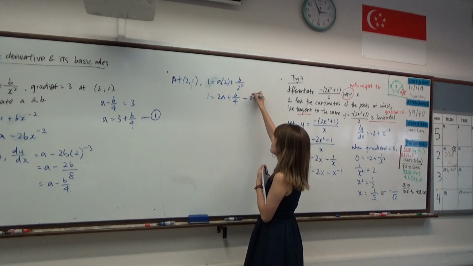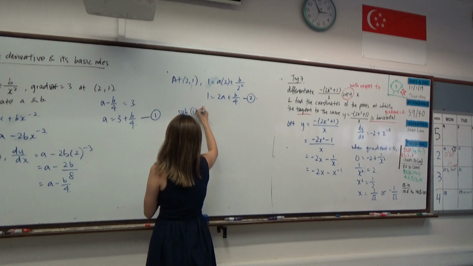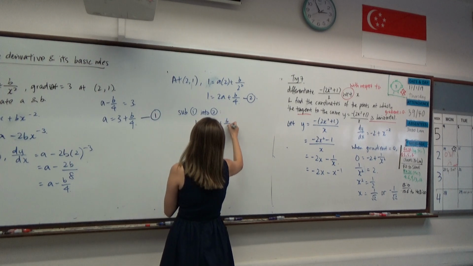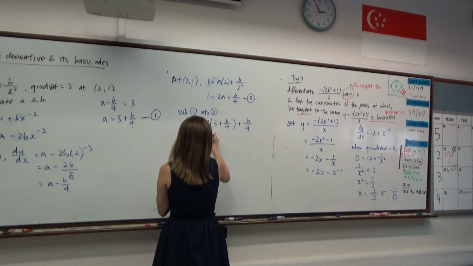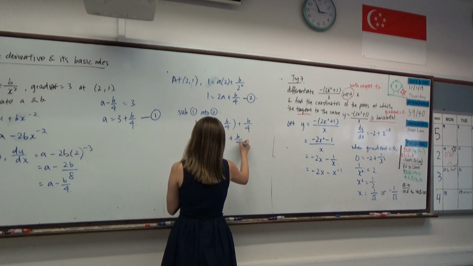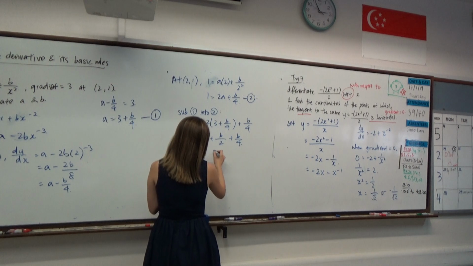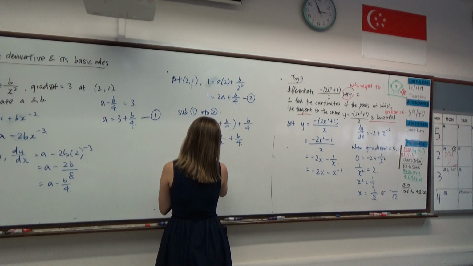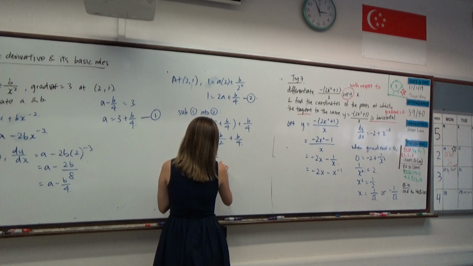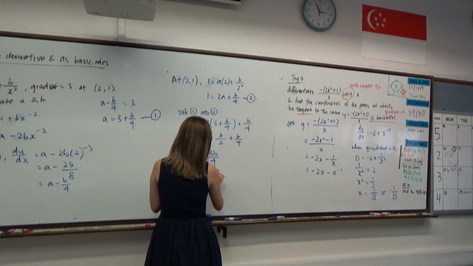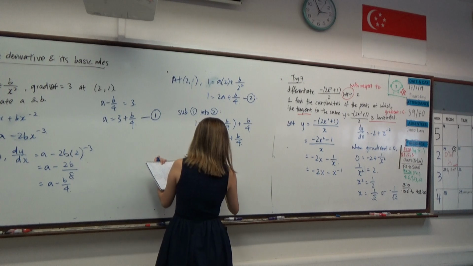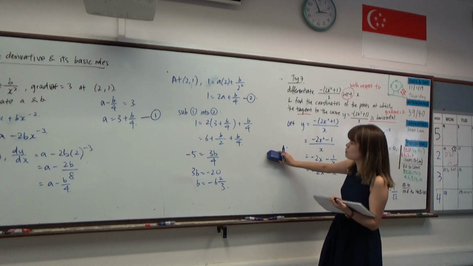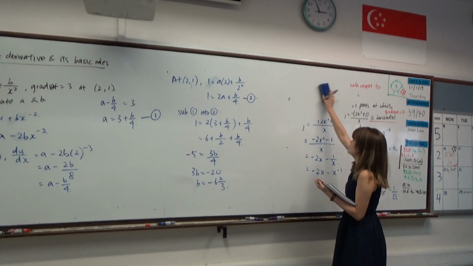Okay, so we have a second equation. So we find that b is equal to -6 and 2/3. Then we can find out what a is as well.